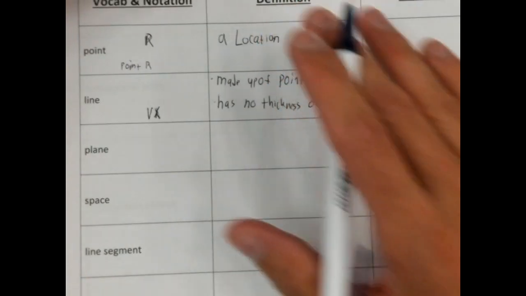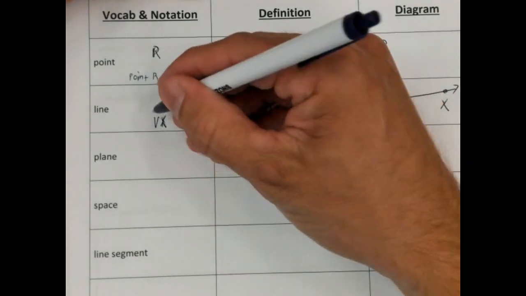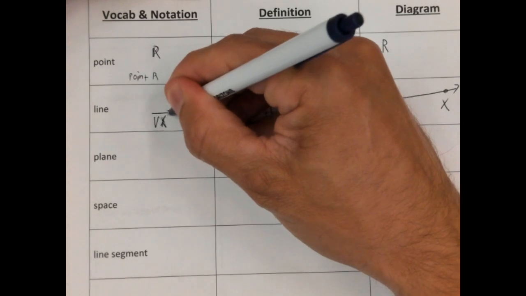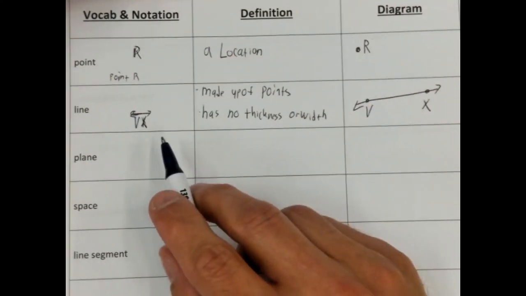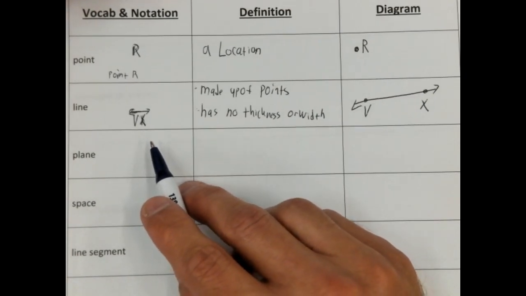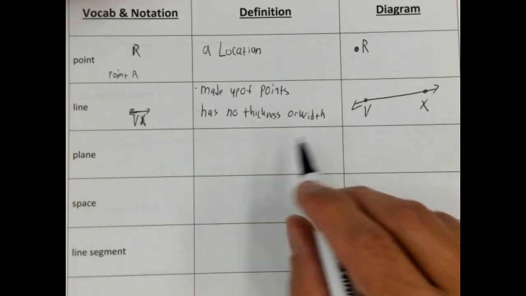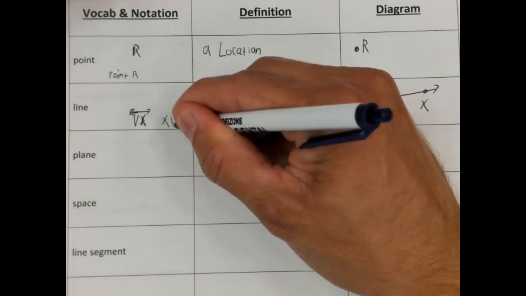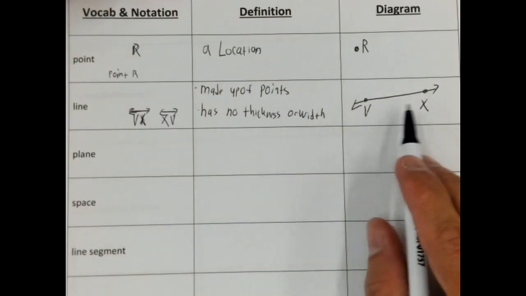And we're going to put this little symbol here. That notation, with an arrow on either side, indicates that it is a line. That's going to be important as we get to some of the other things we're going to be working with. So this would be line VX. You could also call it line XV. It doesn't matter. As long as the 2 points are on the same line, you can define it that way.